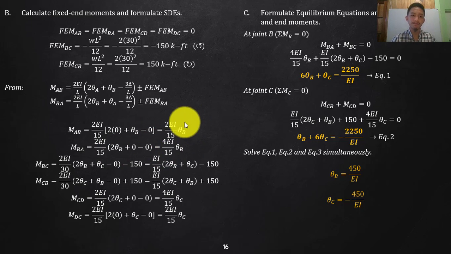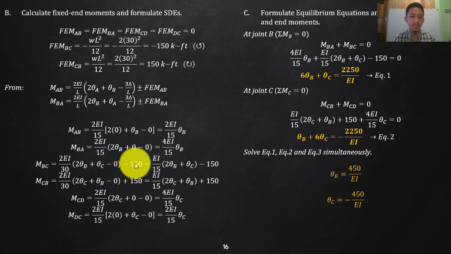There is no FEM for member AB, so you will have your moment equation. Then member BC, 2 over 30, that length is 30, and of course joint B is the joint that we are considering, so that is 2 theta B, and that will be 2 theta C, since that is the joint we are considering in your MCB. Delta is 0 also, and then that is your FEM.